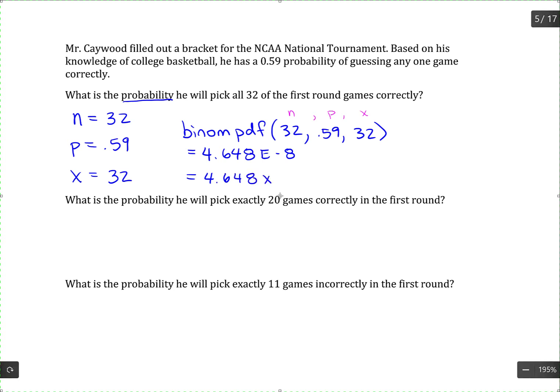This e minus 8 is the way that the calculator represents scientific notation. So it's the same thing as 4.648 times 10 to the negative 8th power, which if you change that into decimal notation, you would have 0.000000, that's 6. I need a 7th. So that would move it 8 places, and then I have my remaining significant figures.